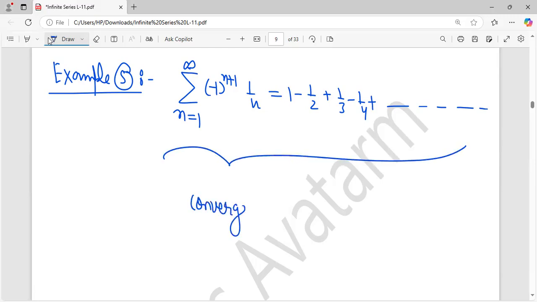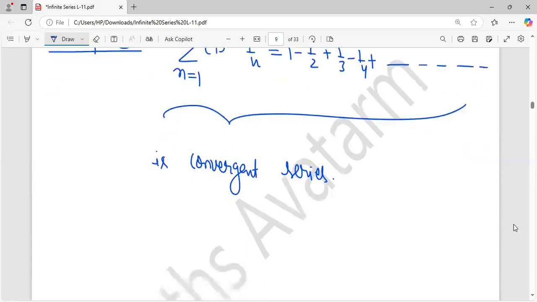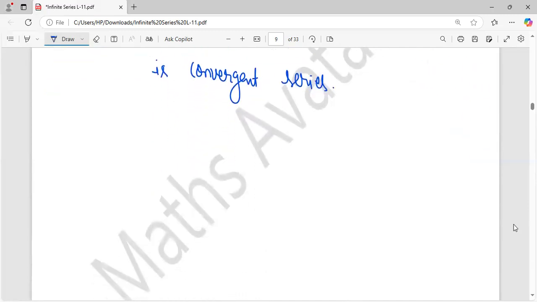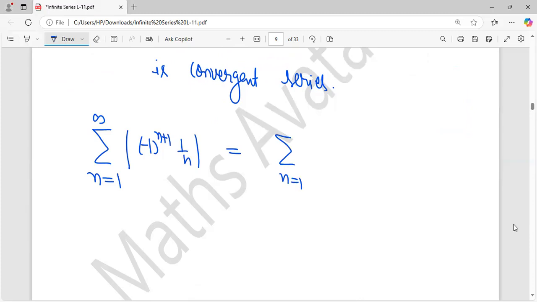But now, whether it is absolutely convergent, let's check. What is its absolute value series? You add the modulus. But here we have 1 upon n to the power p. If p is 1, that is 1 upon n. This series is divergent, we already know.